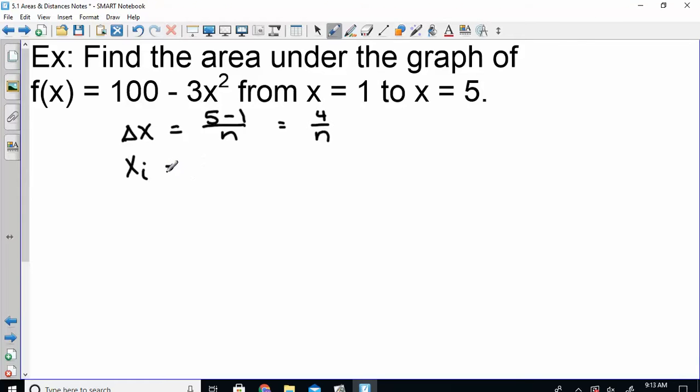So that would be a 4 over n. Your x sub i is your starting point, which is 1, plus the change in x times i. I want you to look at those right now and tell me if you have questions on how I got either of those things.